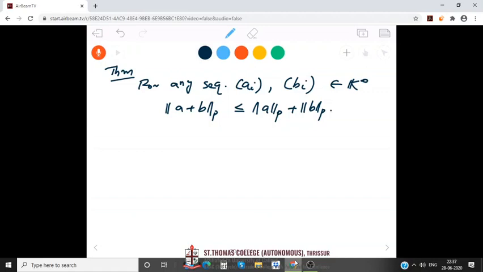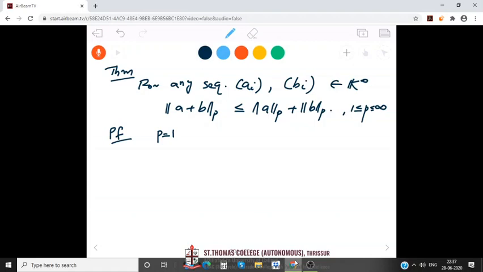Anyway, first I will be taking P equal to 1. Then this Minkowski inequality is stated for all P satisfying 1 less than or equal to P less than or equal to infinity.